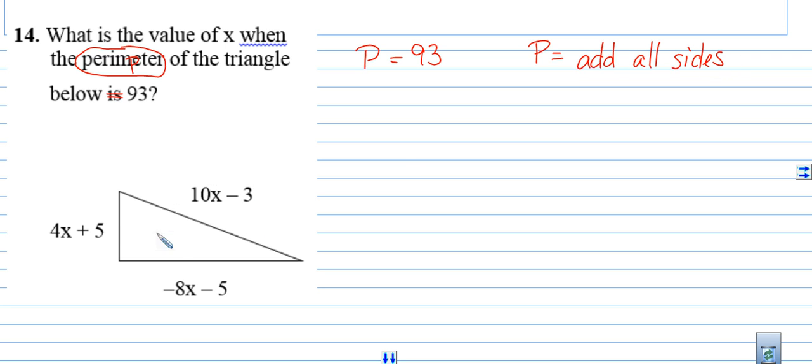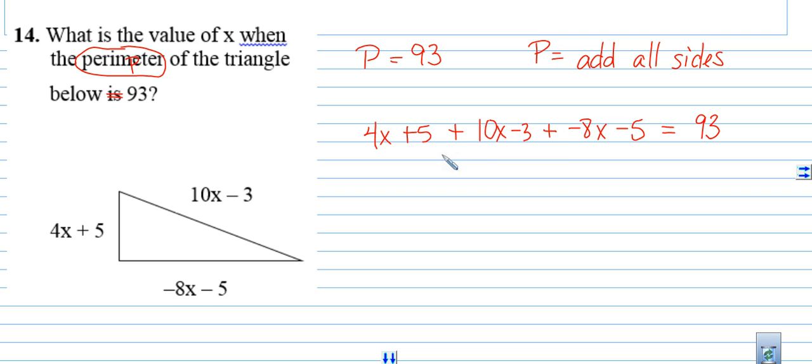So we have to add all these sides up, and it would equal 93. So you could do 4x plus 5 plus 10x minus 3 plus negative 8x minus 5 equals 93.